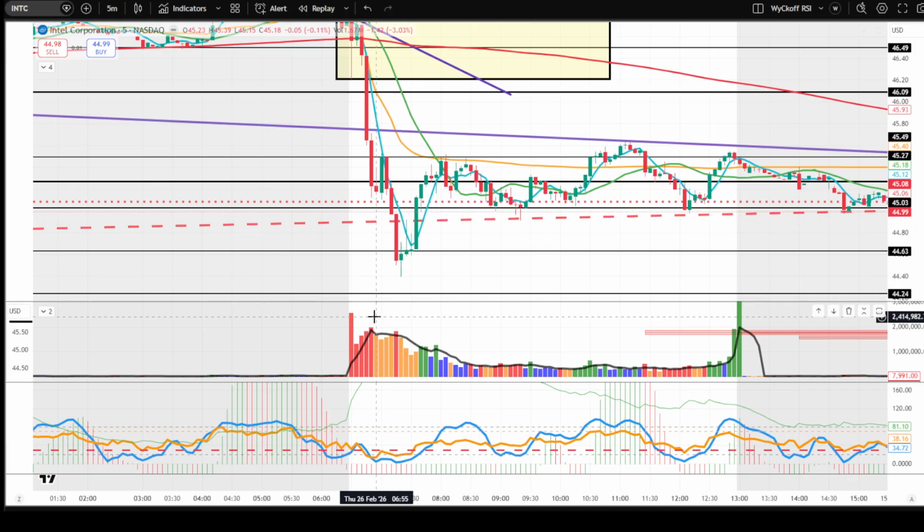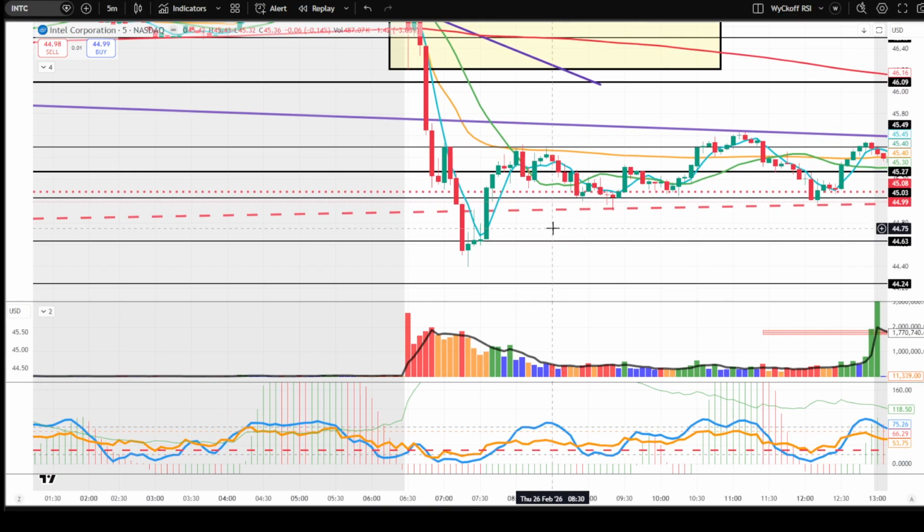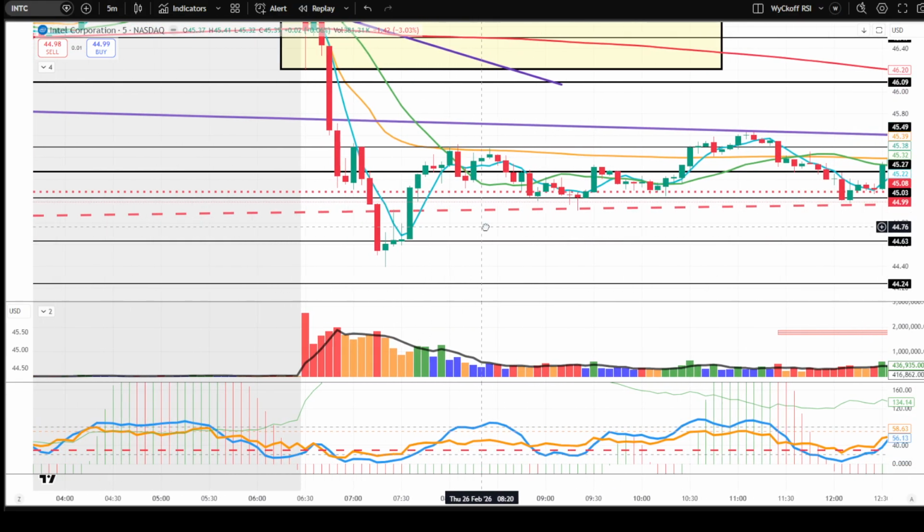44.63, we got some green candles, and selling pressure was still strong, but it was being held up, and selling pressure died down, and finally selling pressure resolved itself in a sense, somewhat, if I use the right word. But anyways, it was declining.